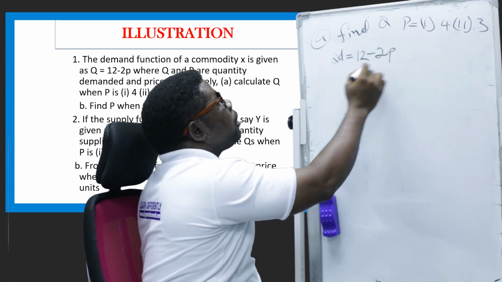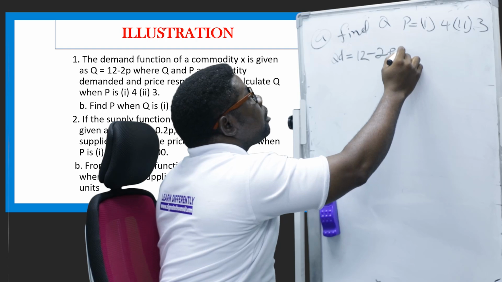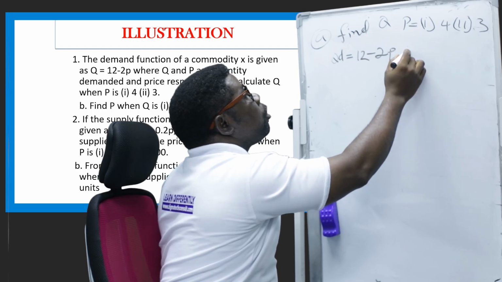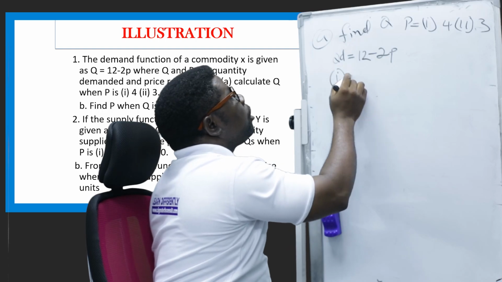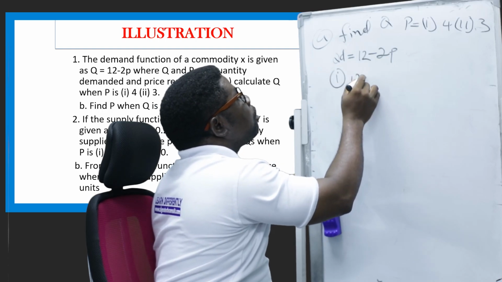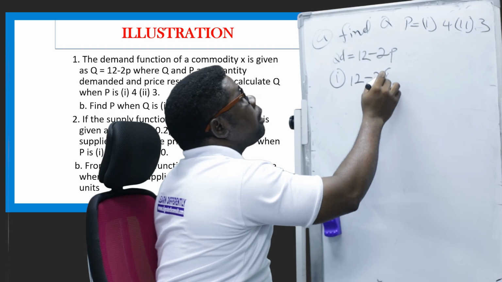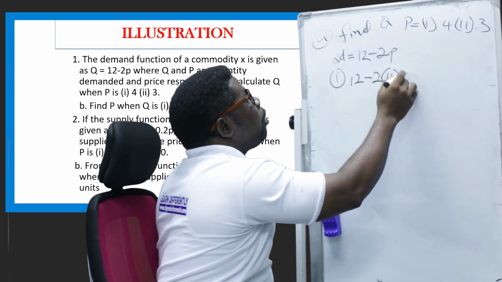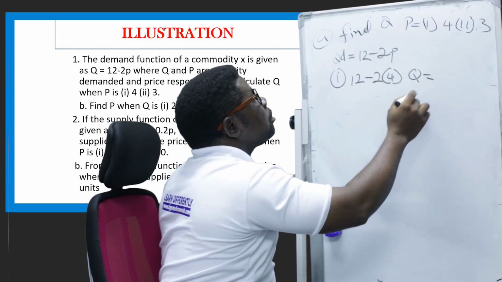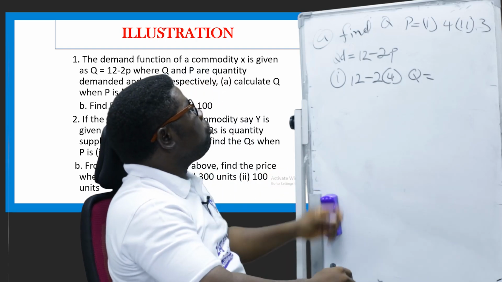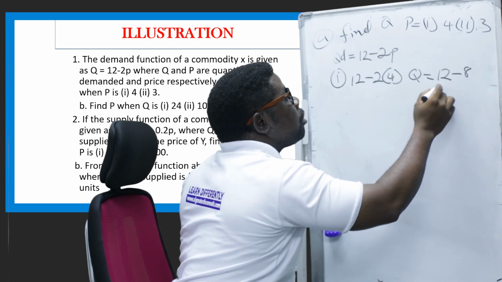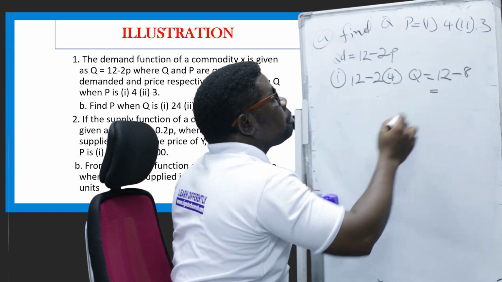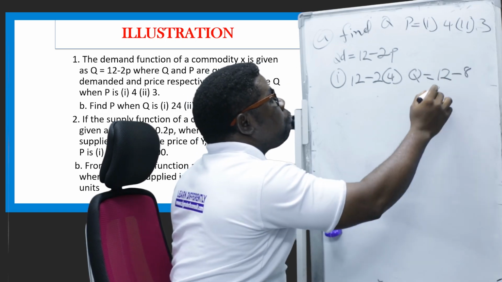For I, QD is equal to 12 minus 2 bracket 4, which is 12 minus 8. So we have 12 minus 8, which is 4.